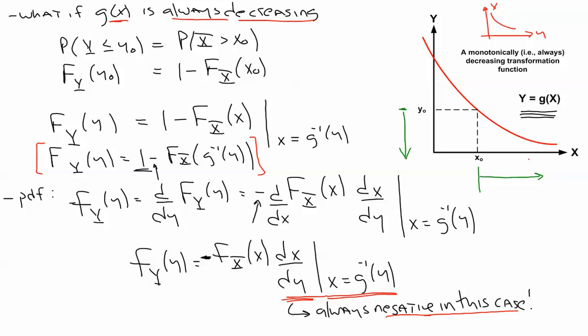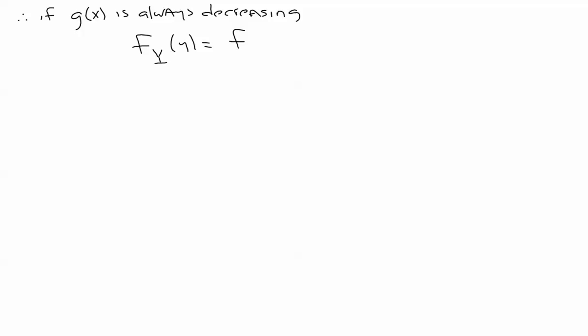Okay? So, if g of x is always decreasing, then for the probability density function, that minus sign which preceded the probability density function for x can be absorbed into the derivative of x with respect to y, and we can just call that an absolute value.